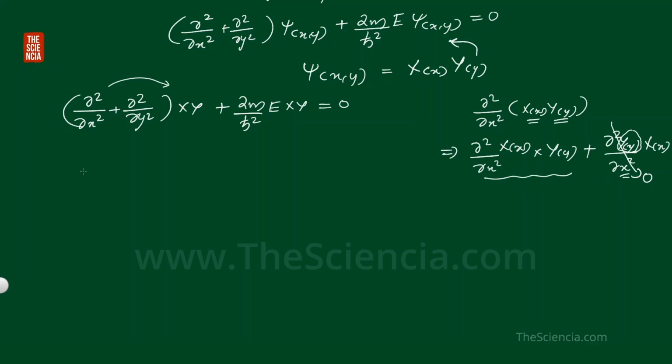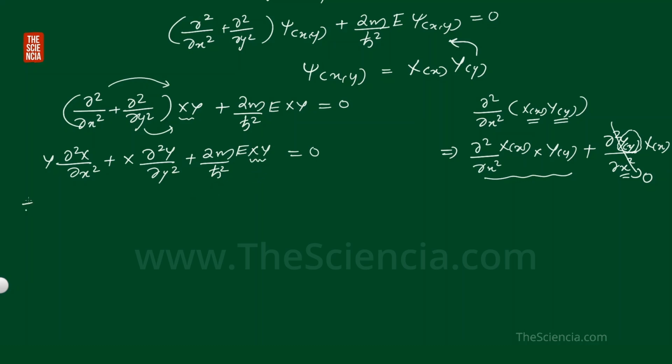So what we obtain here, when operating dou square by dou x square on XY, is Y outside and dou square X by dou x square, plus now we have to operate on the other term, so we can take X outside, and dou square Y by dou y square, plus 2mE XY by h cross square is equal to 0. Now I am going to do again some mathematical manipulation, because I want to remove this XY.